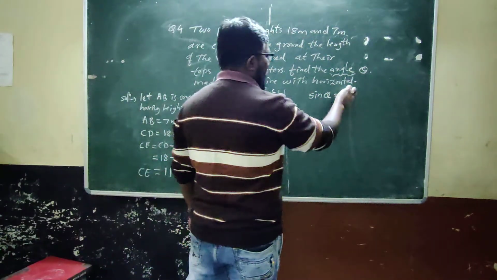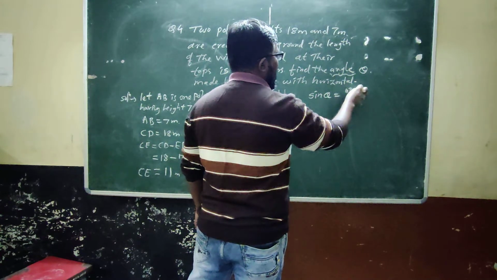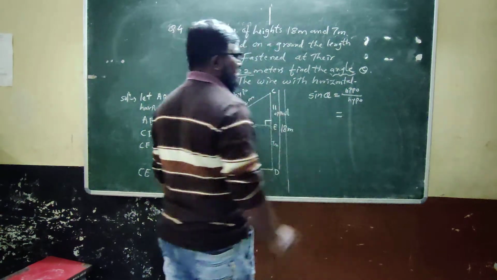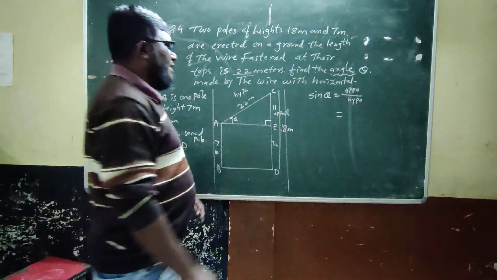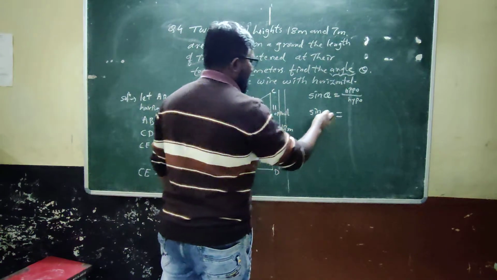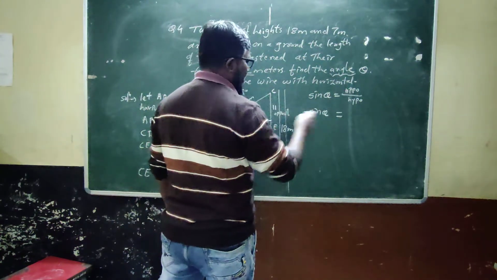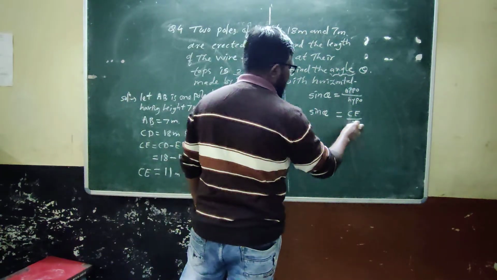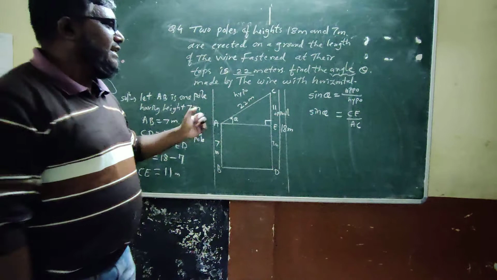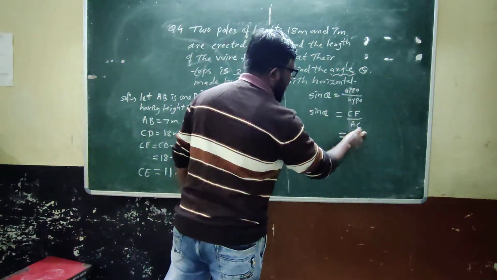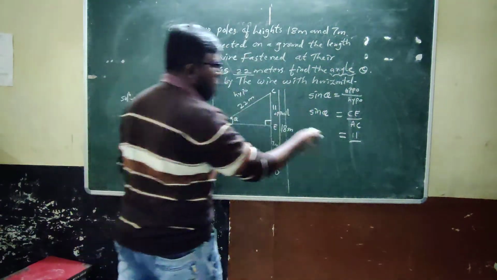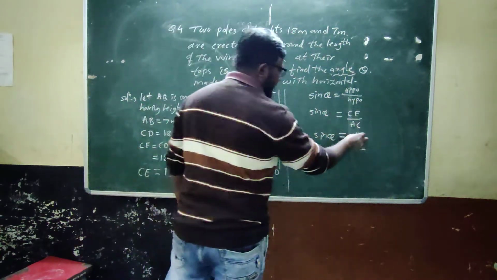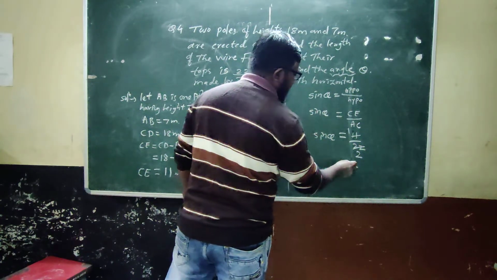So sine theta is equal to opposite side upon hypotenuse. Like this we write: sine theta is equal to, what is the opposite side? CE, upon the hypotenuse, which is AC. The values of CE and AC are given. CE is 11 and AC is 22. So sine theta is 11 upon 22, which will get cancelled: 11 ones are 11, 11 twos are 22.